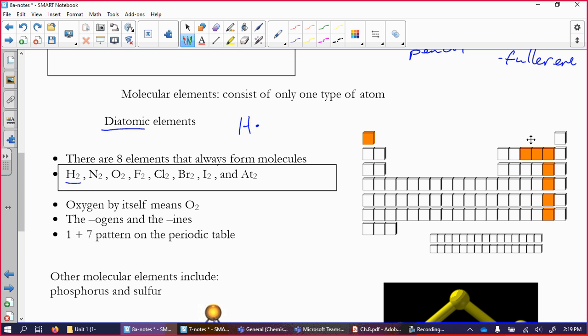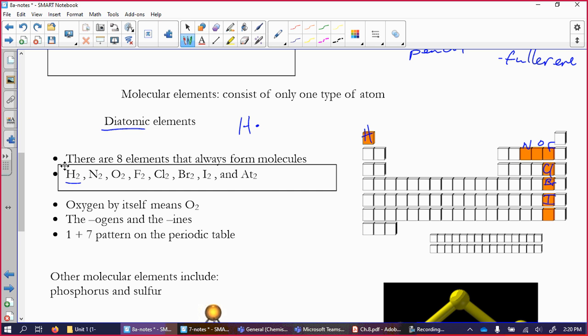It wants to be like the nearest noble gas, which is helium. We've got hydrogen, nitrogen, oxygen, fluorine, chlorine, bromine, and iodine. Those have seven, they want one more. This has six, it wants two more, five. These things all pair up, and we're going to talk in a sec about why and how.